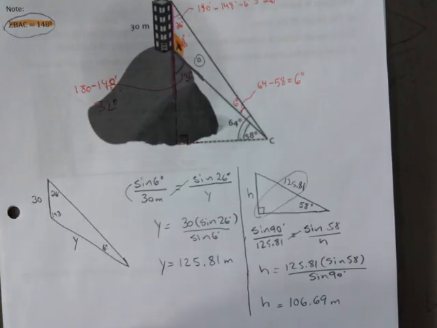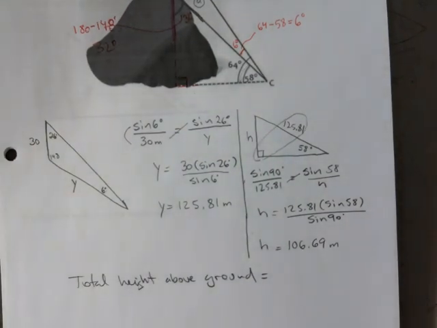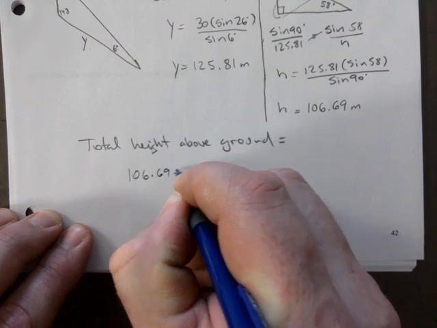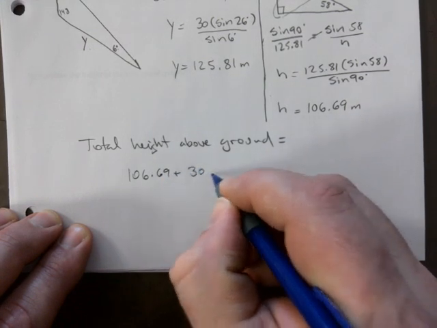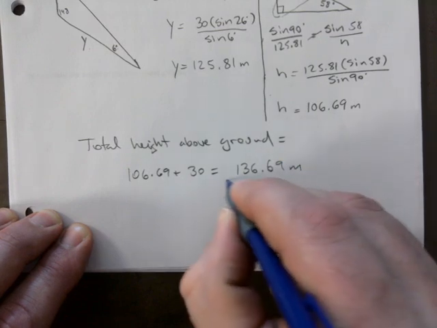So total height above ground. I write it at the bottom here. I'm going to go 106.69 plus 30. So that's 136.69 meters.